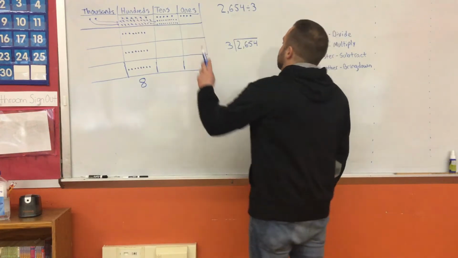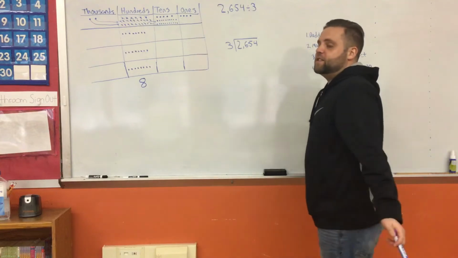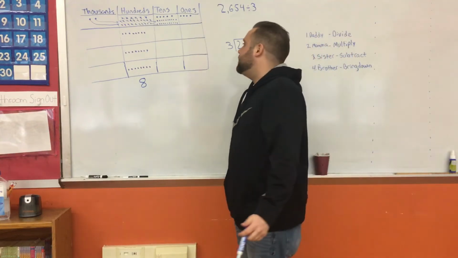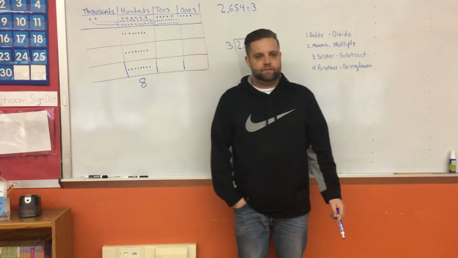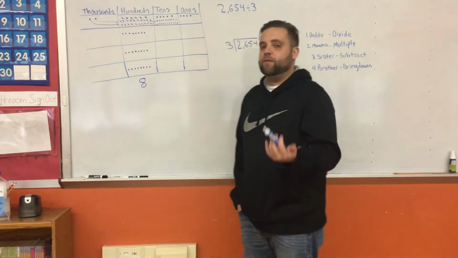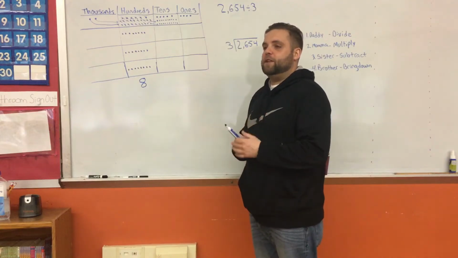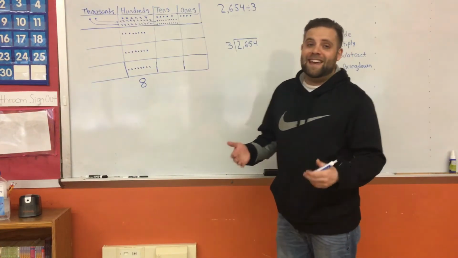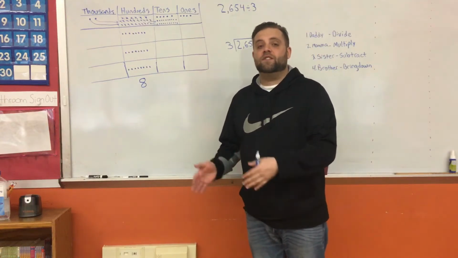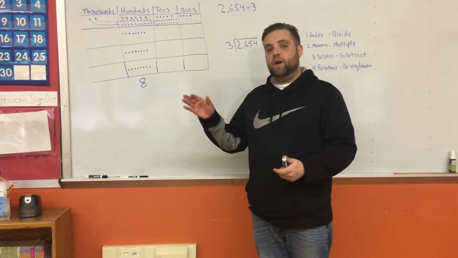So 20 plus 5 tens is 25 tens. If I have 25 tens to divide into 3 groups, how close can I multiply 3 by a number to get to 25? Well, that would be 8, because 3 times 8 is 24, and that's only 1 away from 25.